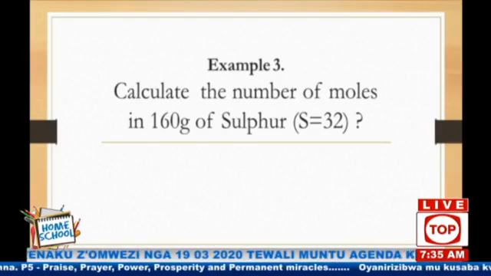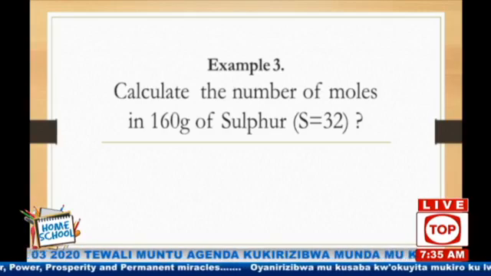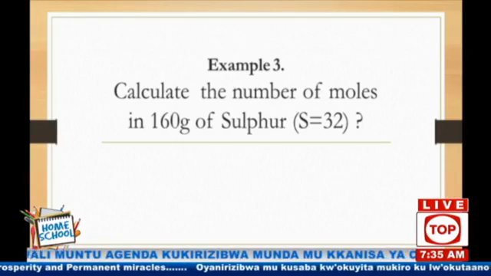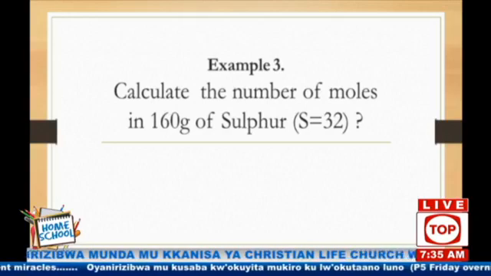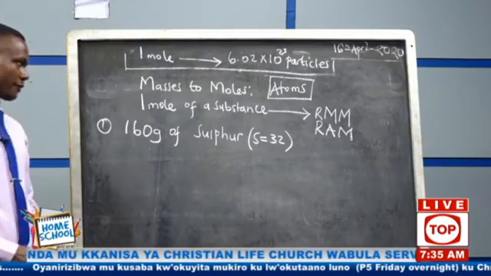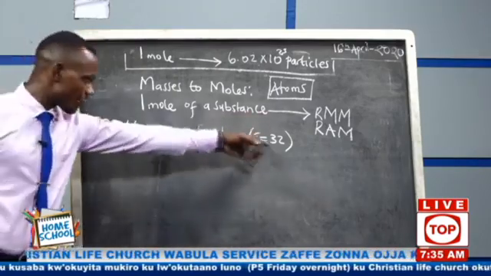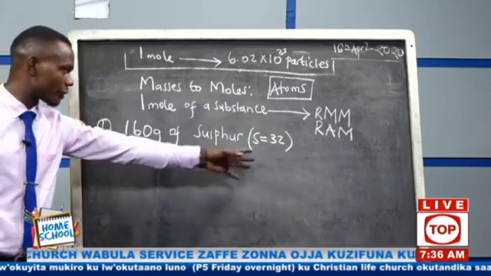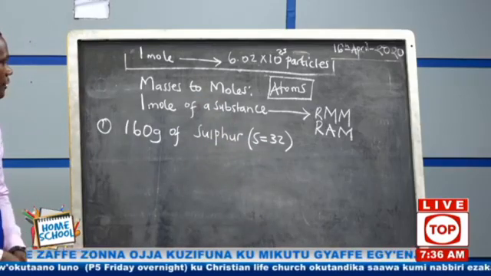In brackets they are saying sulfur equals 32. That one is the atomic mass or molar mass. Now what is the relative atomic mass? You just need to add grams and you get the relative atomic mass.